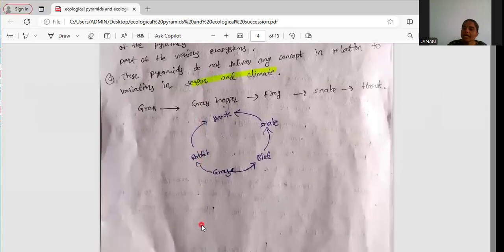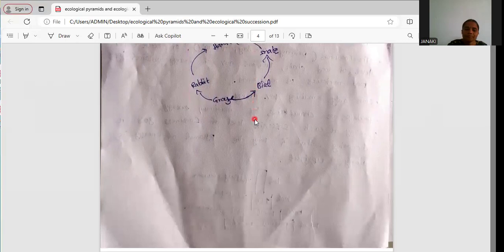For example, see the example: grass eaten by grasshopper, eaten by frog, eaten by snake, eaten by hawk. See the diagram: grass eaten by bird, eaten by snake, eaten by the hawk. Grass eaten by rabbit, eaten by the hawk. This is an example.